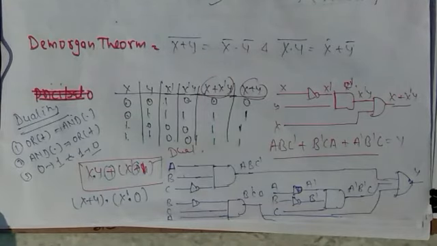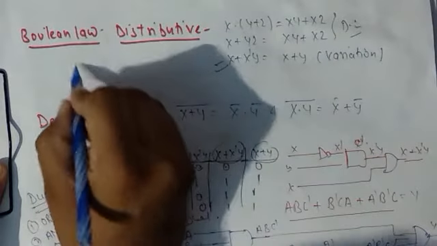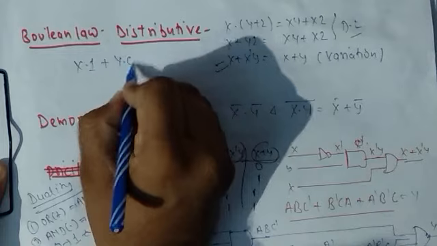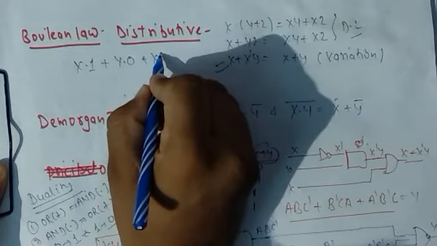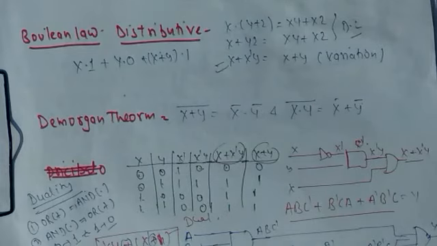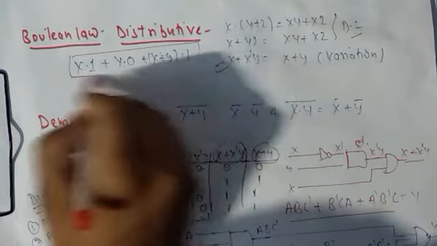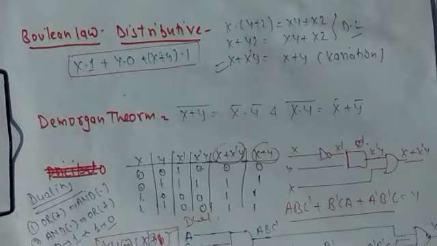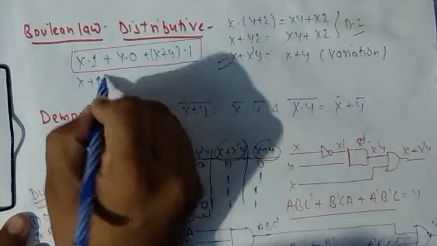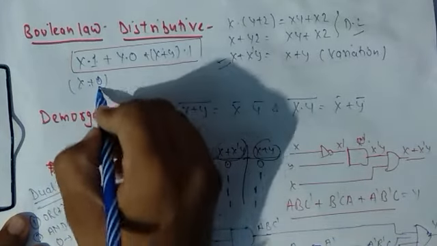One more example: x dot 1 plus y dot 0 plus x plus y dot 1. You have to create the dual of that particular expression. How will you do it? Simply, x stays the same, dot is converted into plus, and 1 is converted into 0.